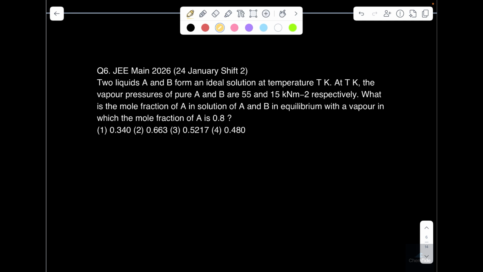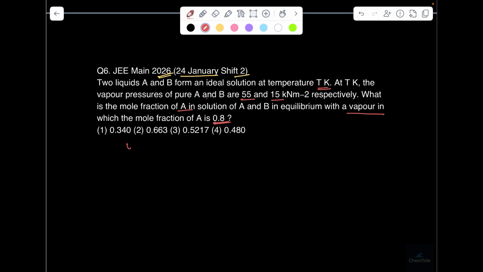Now the next question is from JEE Main 2026, 24 January shift 2. Two liquids A and B form an ideal solution at a temperature T Kelvin. The vapor pressures of pure A and B are 15 and 55. What is the mole fraction of A in the solution of A and B in equilibrium with the vapor in which the mole fraction of A is 0.8?